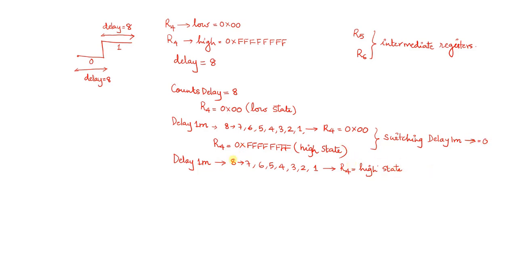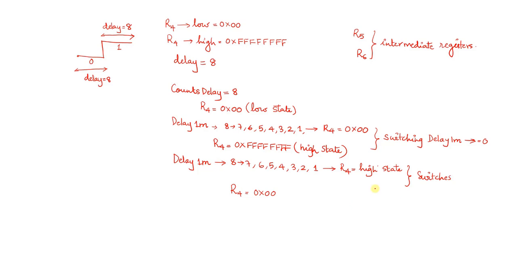And similarly, here delay 1m count, when it was in the high state, when it goes on decrementing and reaches the value of 0, it is going to switch, and now the switching will happen where the value of R4 is now again going to be 0x00. So, this is like an infinite loop that keeps on occurring.